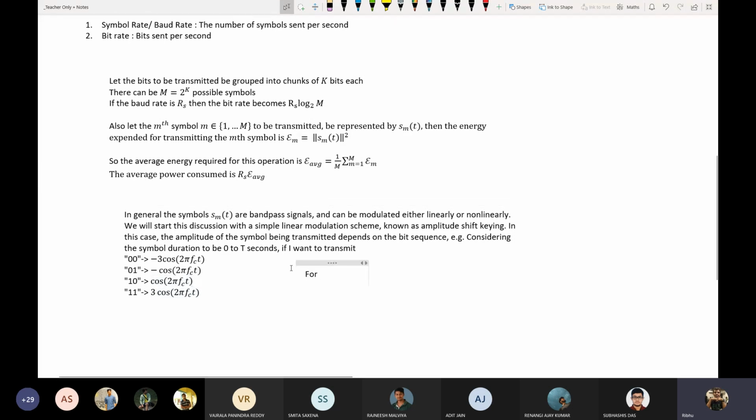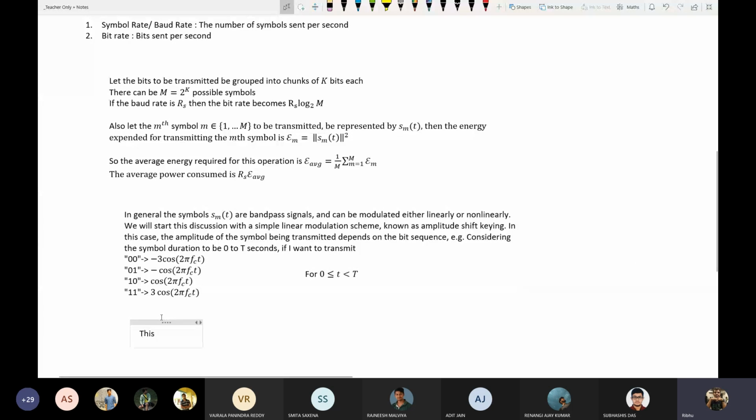In general, I can do this. So this is one symbol.